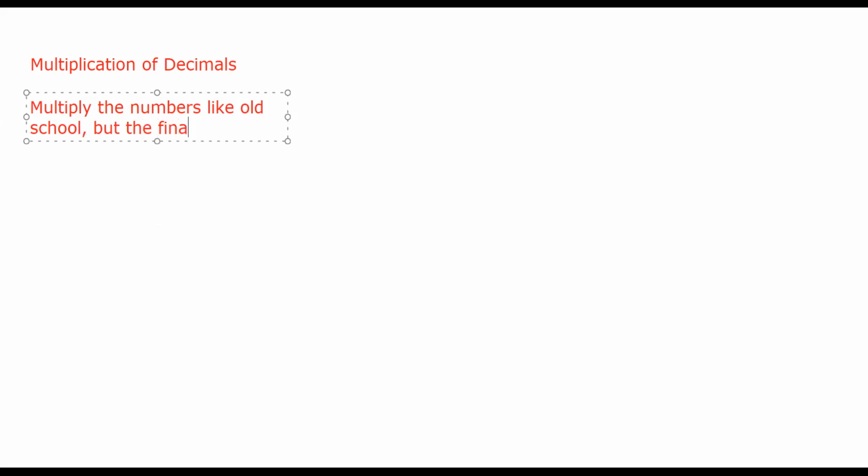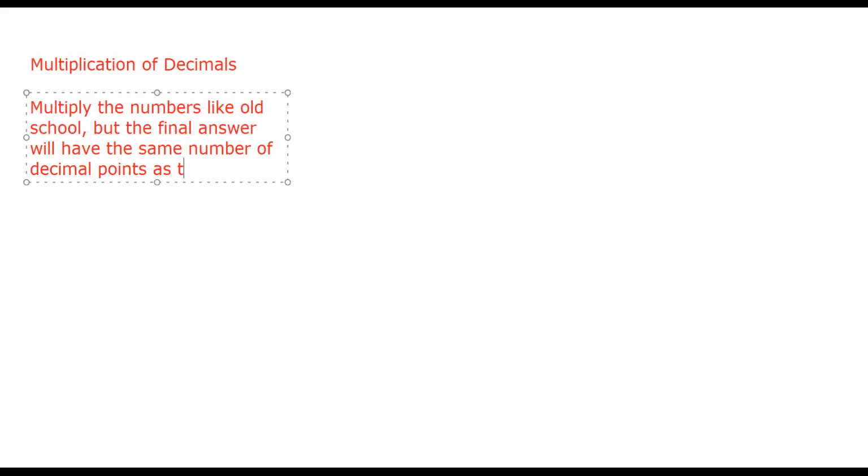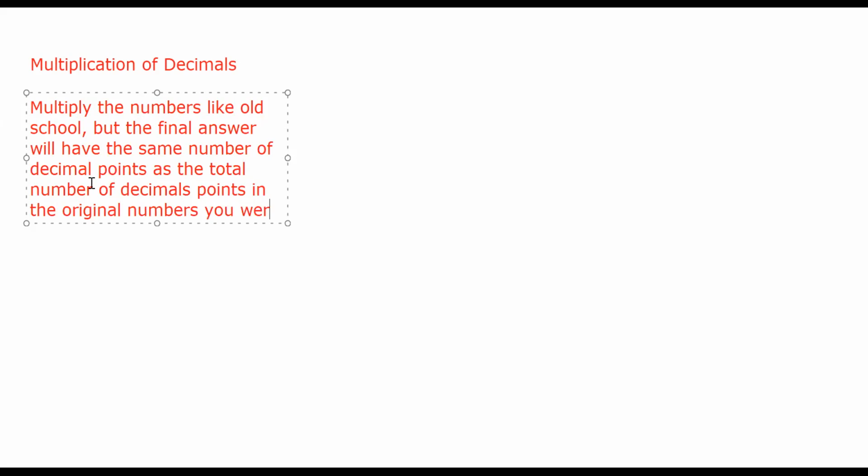So what you can do is multiply the numbers the old school way, but the final answer will have the same number of decimal places as the total number of decimal places in the original numbers you were multiplying.